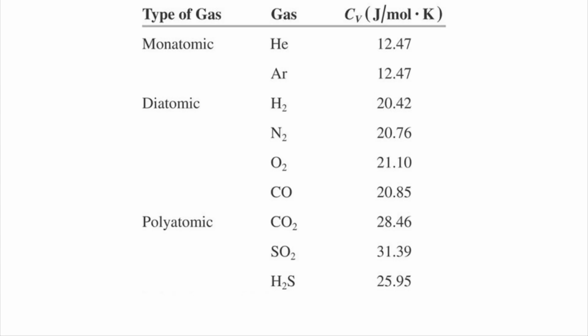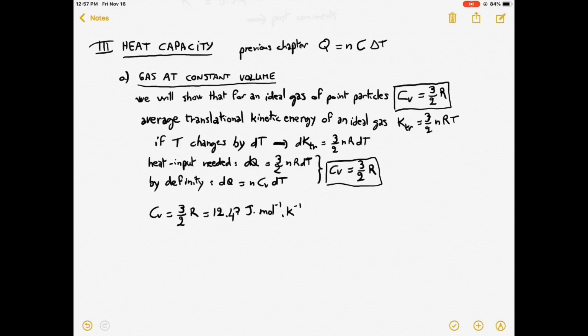But if you look at diatomic gases like hydrogen and nitrogen, they are around 20 joules per mole per Kelvin, and polyatomic gases like carbon dioxide 28, hydrogen sulfide 25. So this model is only good at this point for monoatomic gases. For diatomic gases, we're going to have additional energy associated with some additional kind of motion.